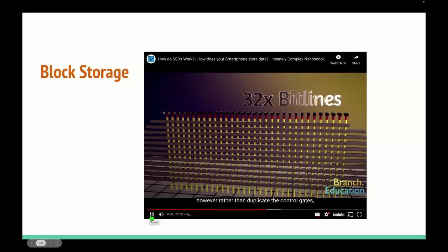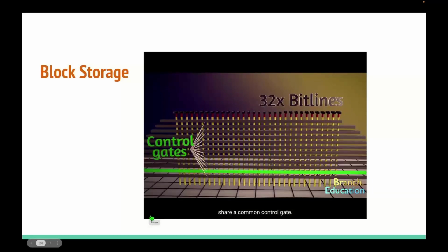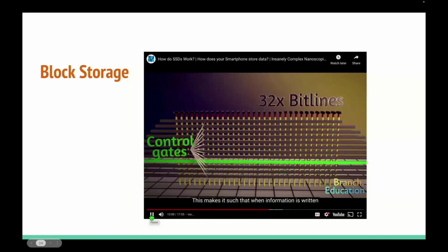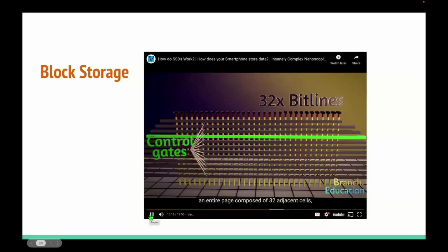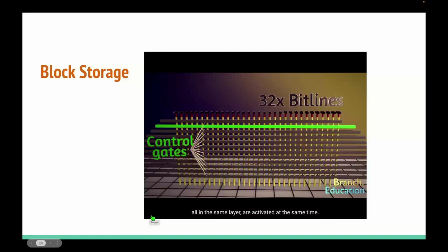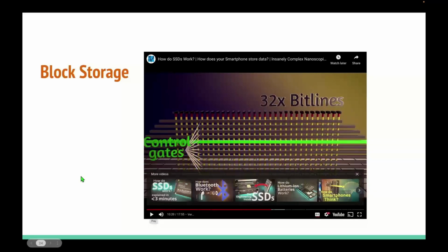However, rather than duplicate the control gates, we're going to have every cell in the same page share a common control gate. This makes it so that when information is written to or read from a row, an entire page composed of 32 adjacent cells, all in the same layer, are activated at the same time.